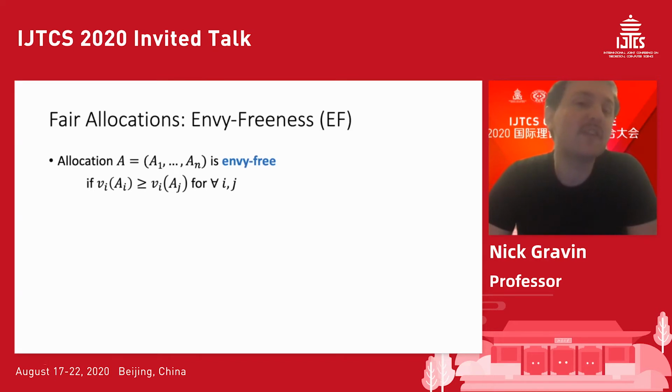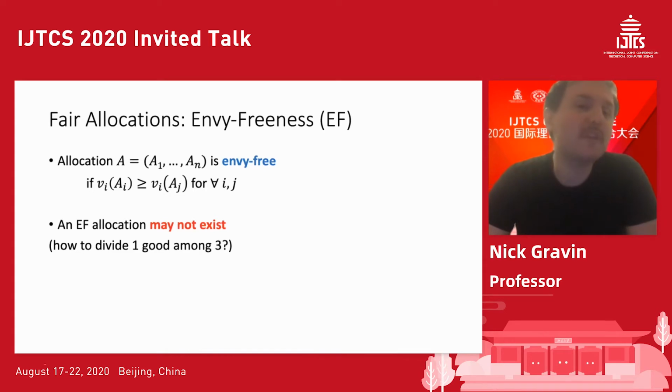So basically he doesn't envy the allocation of agent j who gets set Aj, right? So if he finds a partition, then everyone will be pretty happy to get the set we give them. So there won't be any envy between agents.